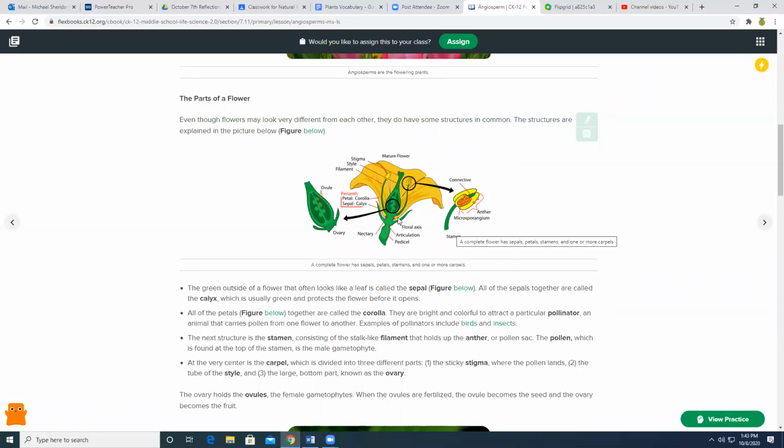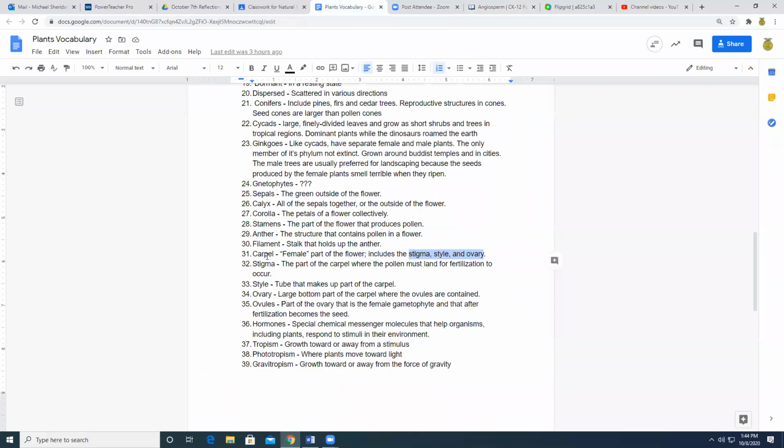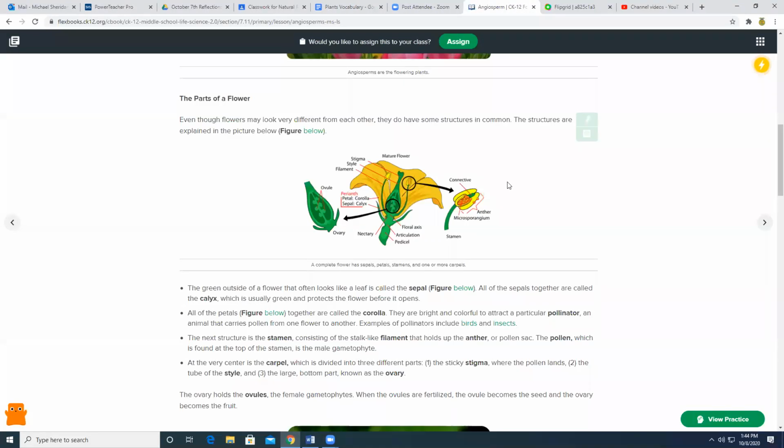This down here is on the ear of the corn, and this is basically the female part of our corn plant, or whatever plant, that is called the carpel. So this is all part of the carpel. If you think about a corn plant, that's going to be the actual ear of corn that needs to be fertilized by the parts of the stamen.